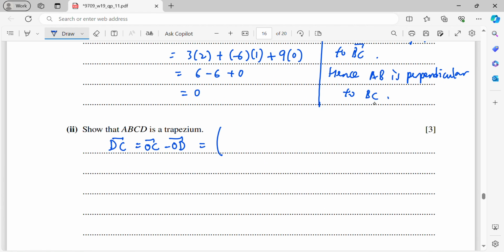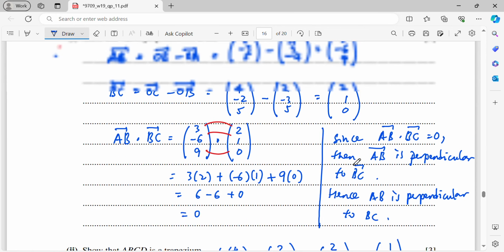So 4 minus 2, 5 minus 2, 2 minus 1. Then this is going to be 4 minus 2, I get 2. Minus 2 minus 2 is minus 4. 5 minus minus 1 is 6. And I notice that I can factorize 2. Once I factorize 2, I get (1, -2, 3).